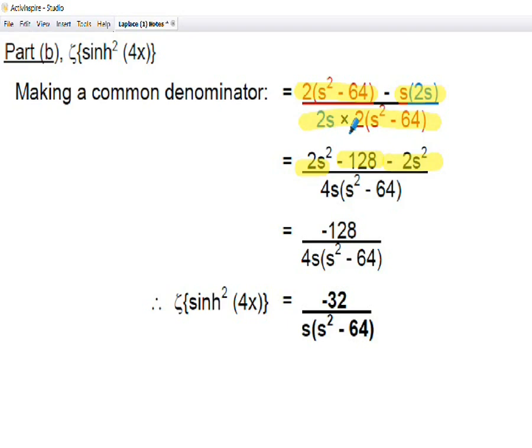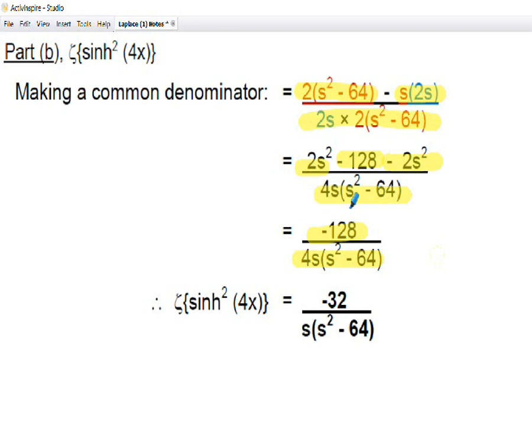The 2s squared terms cancel in this case, leaving us the 128 on the top. On the bottom we've got the 2s times the 2s squared plus 64, so again bring that together, gives me 4s times the s squared plus 64. So when I cancel the 2s squared terms on the numerator, and on the bottom line I get 4s open bracket s squared plus 64.